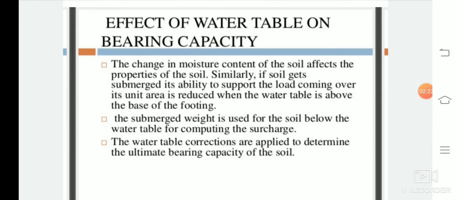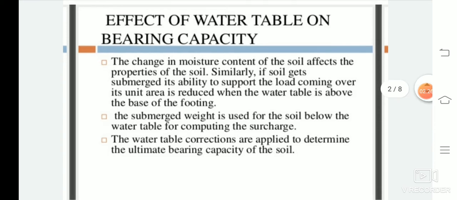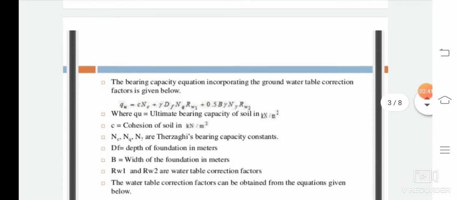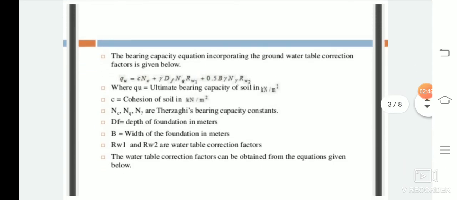The submerged weight of the soil below the water table will help in computing the surcharge value. Hence, the water table correction factors are mainly determined for finding out the value of the bearing capacity of the soil. So, now, what is the value of the water table reduction factor?